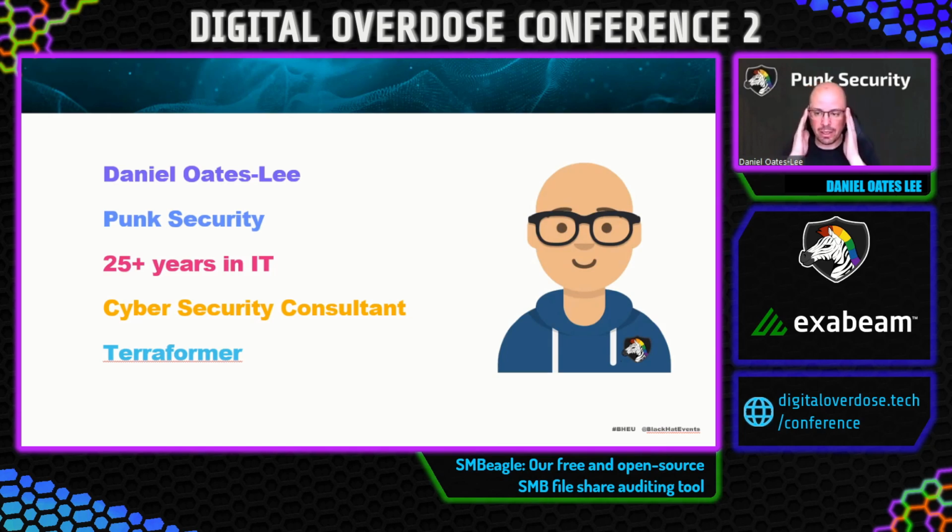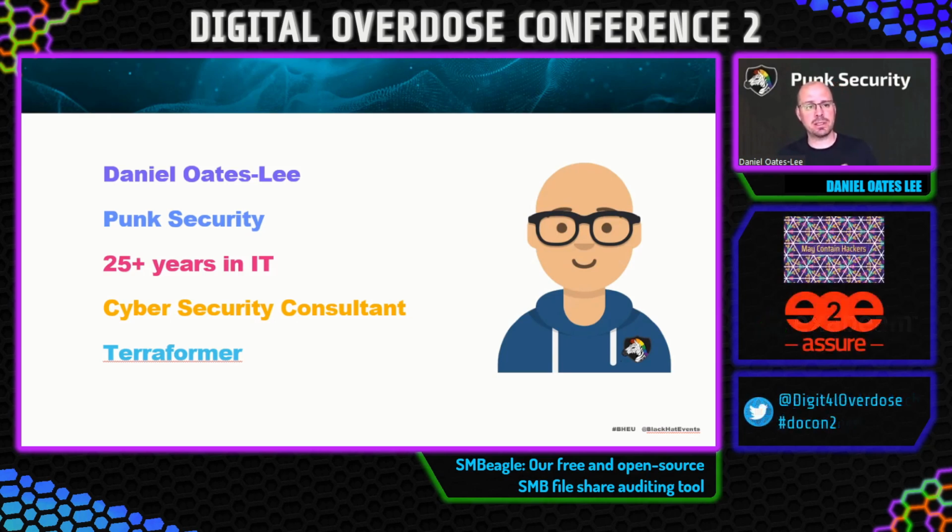I'm currently a cybersecurity consultant specializing in DevSecOps. DevSecOps is that ability to automate security tooling and automatically find security defects in applications as you're testing them through a life cycle.